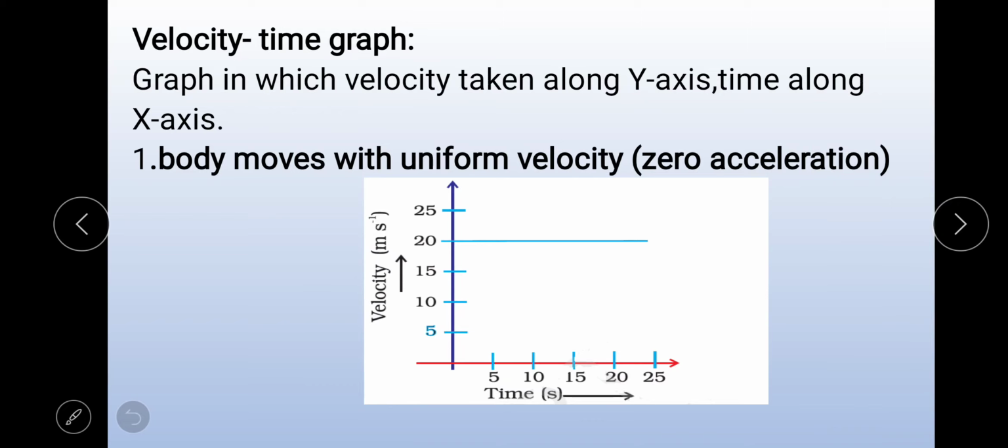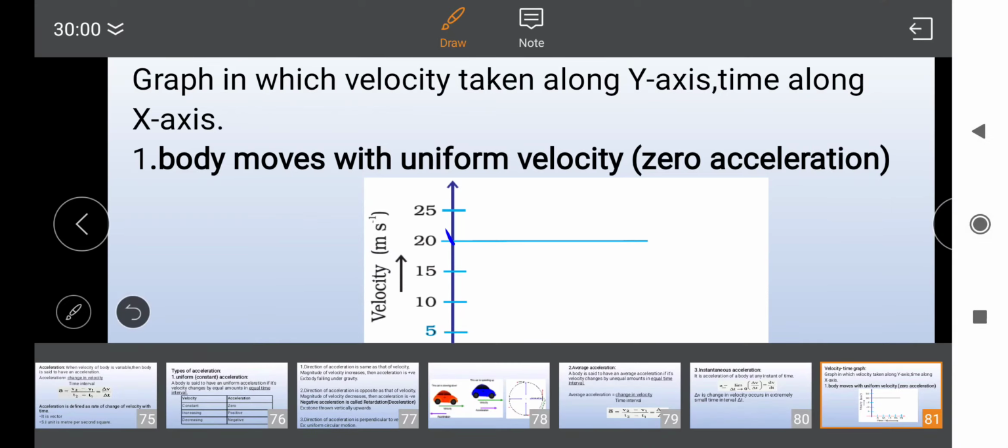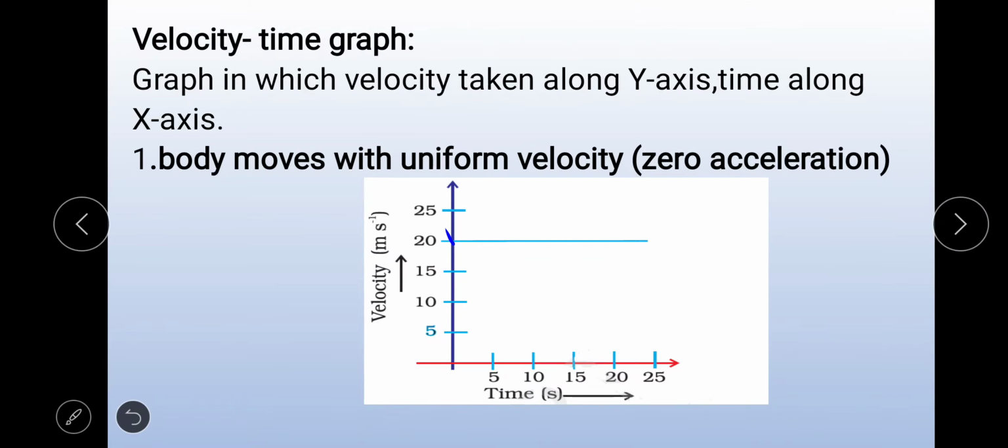Okay, in this case the body moves with velocity 20 meter per second initially. Okay, ಇಲ್ಲಿ ಇನಿಷಿಯಲಿ ಒಂದು ಆಬ್ಜೆಕ್ಟು 20 ಮೀಟರ್ ಪರ್ ಸೆಕೆಂಡಲ್ಲಿ ಮೂವ್ ಆಗ್ತಾ ಇದೆ. ಓಕೆ, ಹೀಗಾಗಿ ಎಟ್ ಅ ಟೈಮ್ t ಈಕ್ವಲ್ ಟು 0 ಸೆಕೆಂಡ್ the velocity of the body is 20 meter per second.